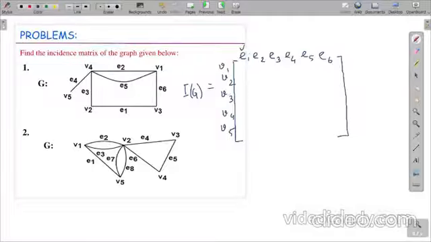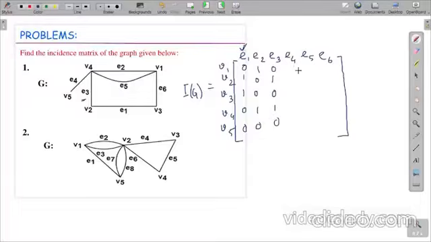Next, we are considering E1. E1 connects 2 and 3. Both get 1. The rest will be filled by 0. Edge E2 connects V1 and V4. They will be 1. The rest will be 0. Edge E3 connects V2 and V4. They get 1. The rest will be 0.